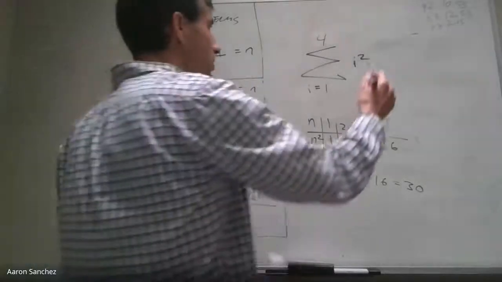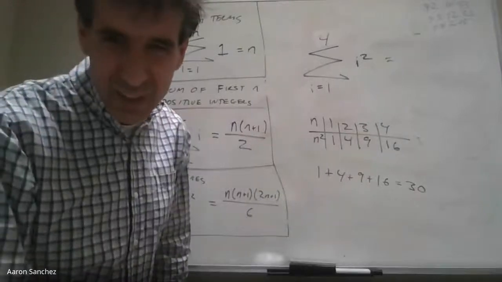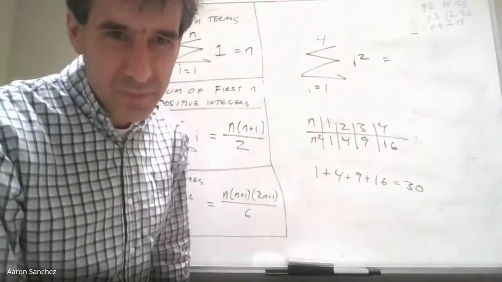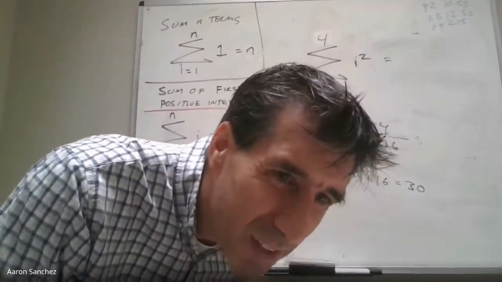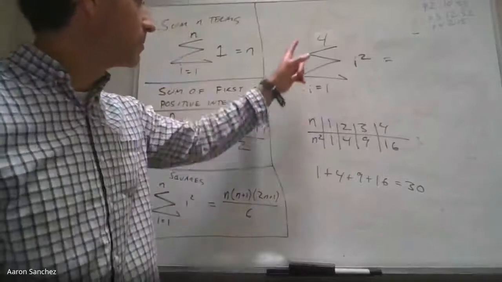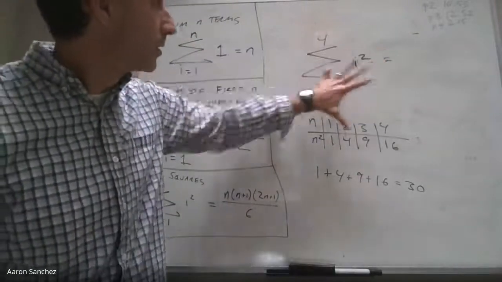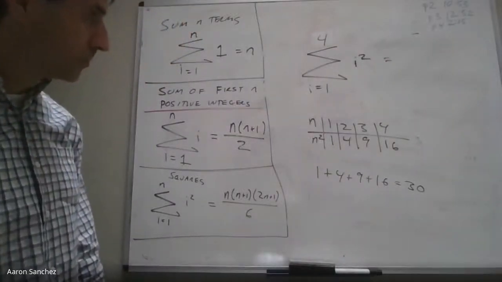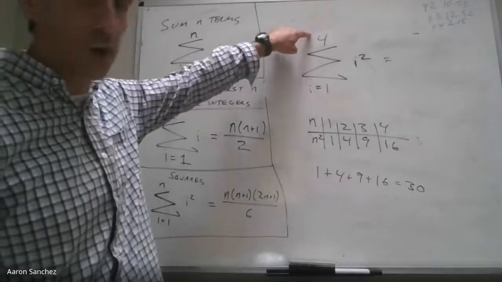N times n, so what's my n equal to here? Elise, what's my n for this? Which number is my n here? It's 4.